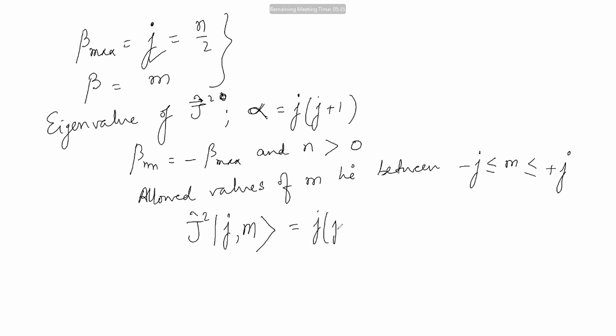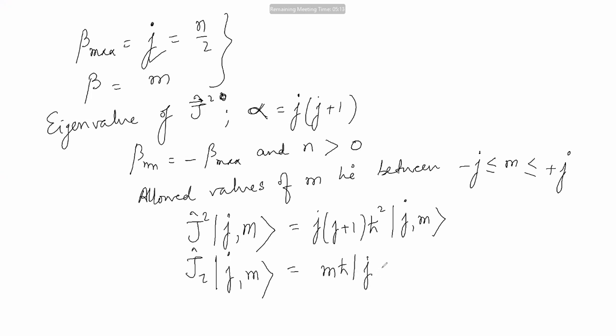This will be equal to j times j plus 1 h cross square times jm, and jz jm will be equal to m h cross.